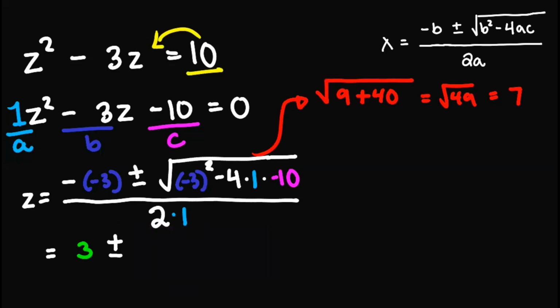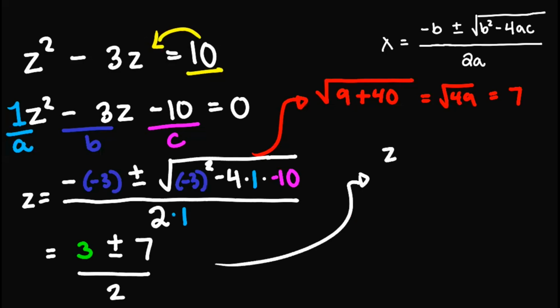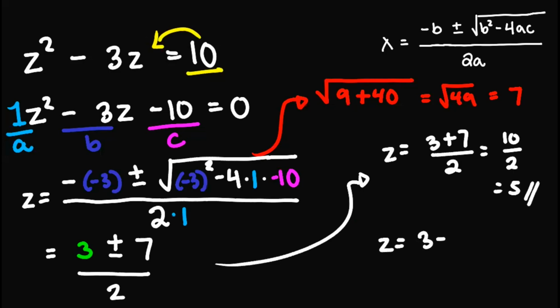In the denominator, that is 2. And then we simplify this. So we will have two cases. We have z equals 3 plus 7 over 2, which will give us 10 over 2 or 5. And z equals 3 minus 7 over 2, which will give us negative 4 over 2, which is negative 2. And those are our answers to this quadratic equation.